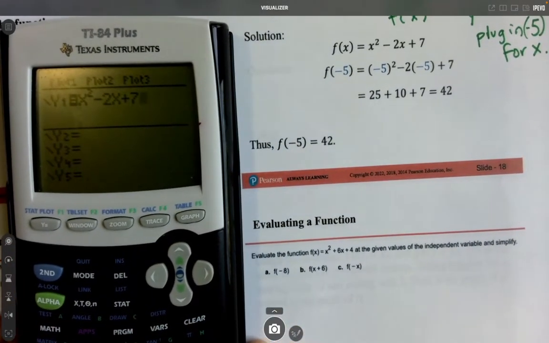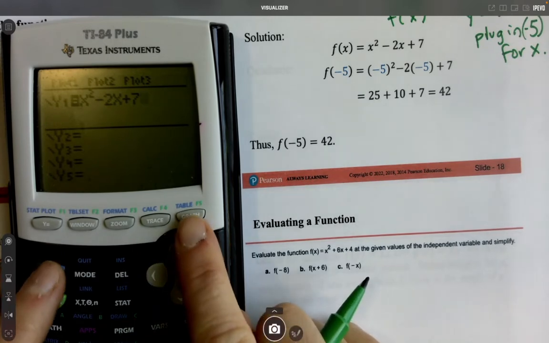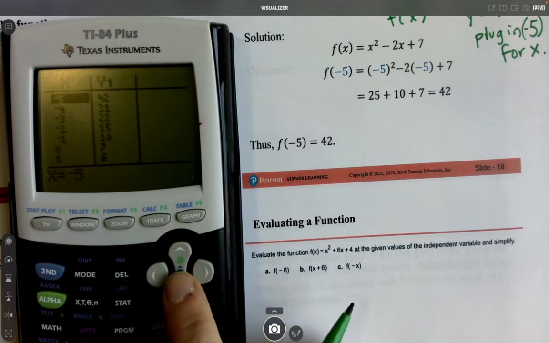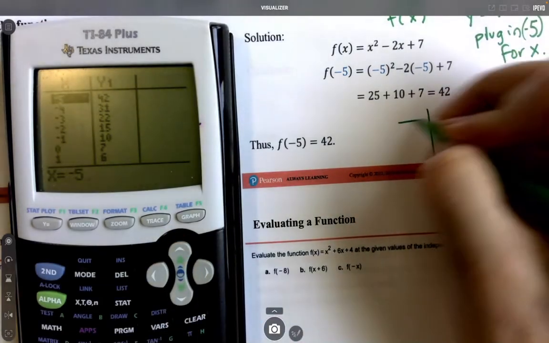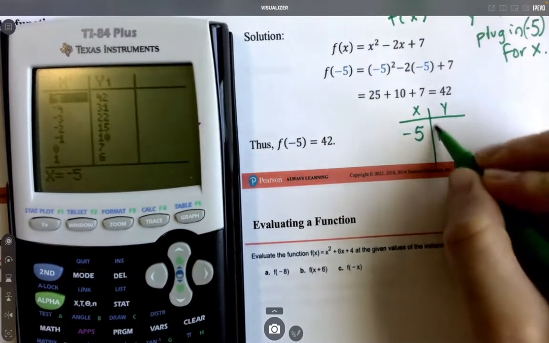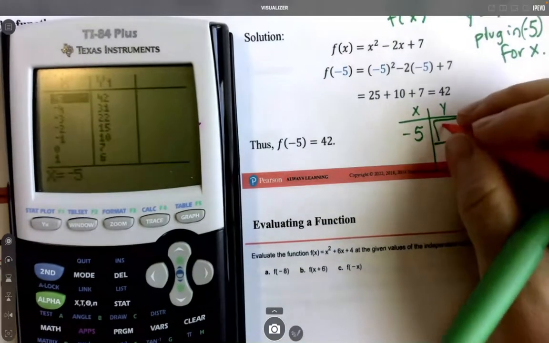And if I want to know when x is negative 5, what is y, then I can go to second table and go to negative 5. So on a table of values, I would look for negative 5 and see what y is. In this case, it was 42.